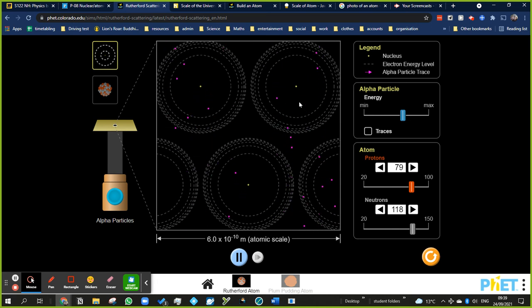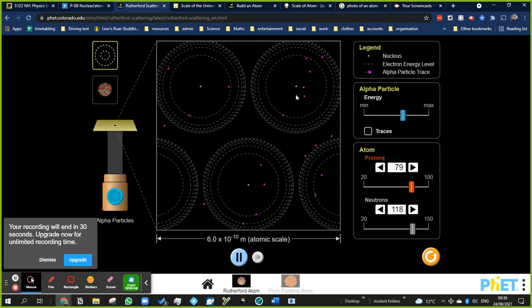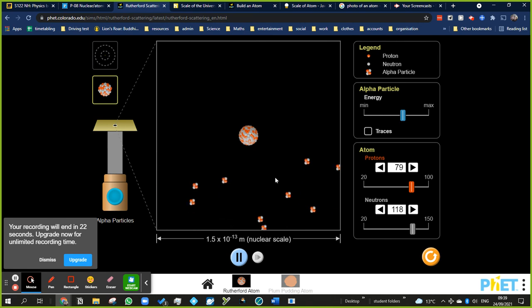And those few that are deflected backwards are basically heading dead on towards the nucleus. If we look closely at just one of them, you'll see a little bit more what's going on. You see these ones that happen to be head on, they're the ones that are turning direction. But the rest of them are just being deflected. So that's actually what's going on. They don't actually hit it, they just get deflected by it.